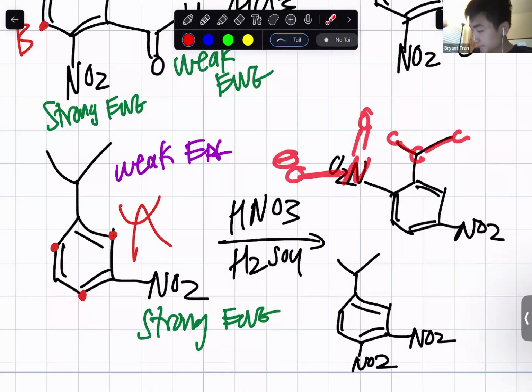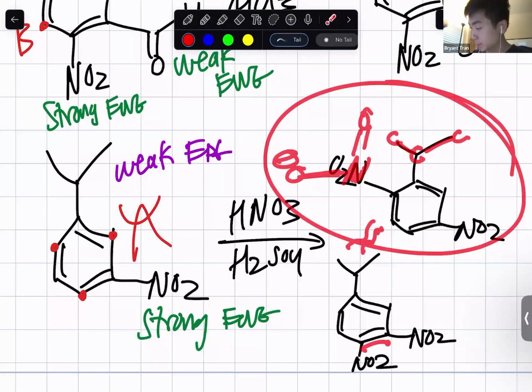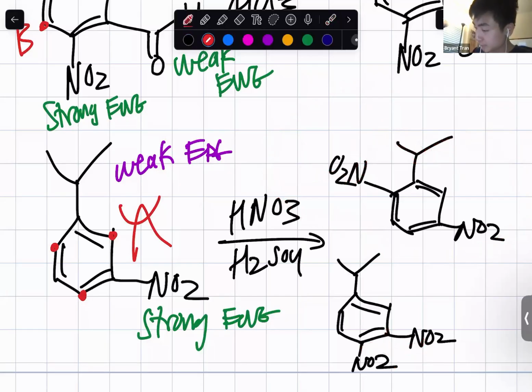So carbons would be smaller atoms compared to nitrogens, but by a small amount. So they would be relatively similar in this case. But I would say NO2 would be bigger, and because of that, I would say this is the major product because we do not want the big groups next to each other, right? Yeah. So I would say the top one here would be major, and the minor one would be minor here.